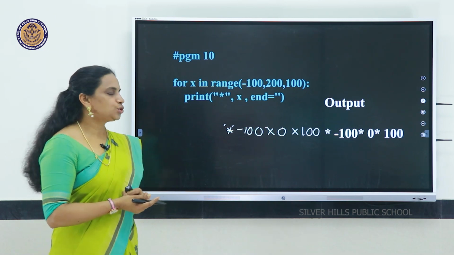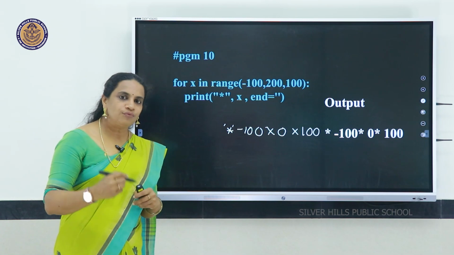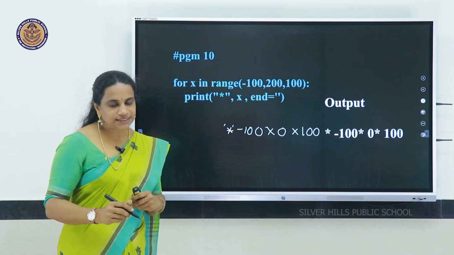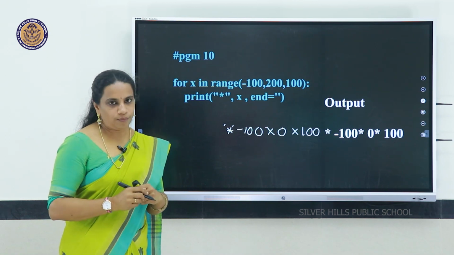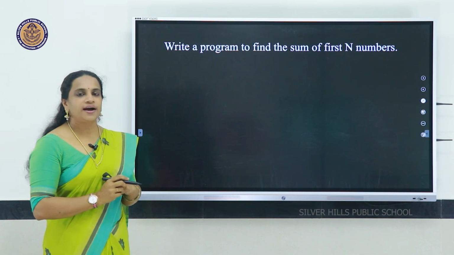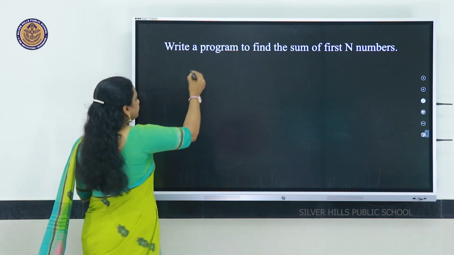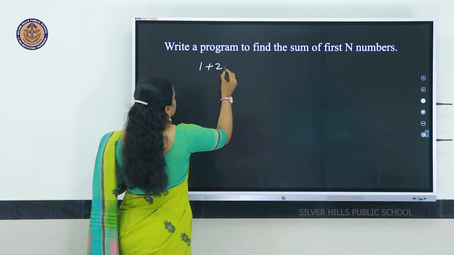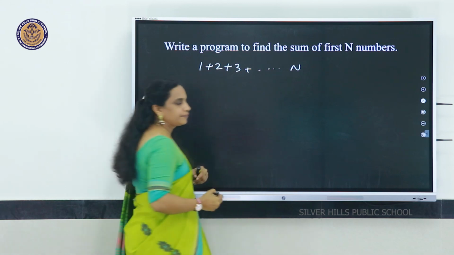Now, we will move on to the programming part, how to write a program, and also we will learn how to draw a flowchart for looping constructs, that is, a program with the for loop. Now, let us see how we can write a program for finding the sum of the first n numbers, that is 1 plus 2 plus 3 and so on up to n.